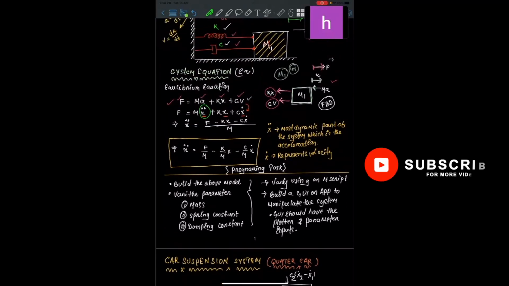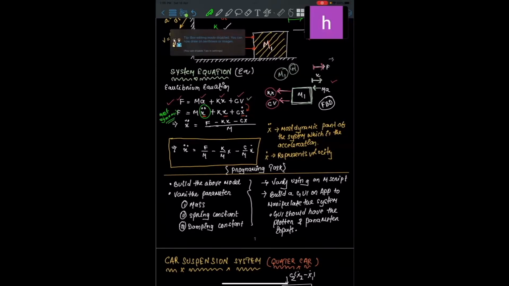This changes very rapidly and represents the most dynamic part of the system. So if I move this most dynamic part to one side, then it can be represented with the other dynamics.